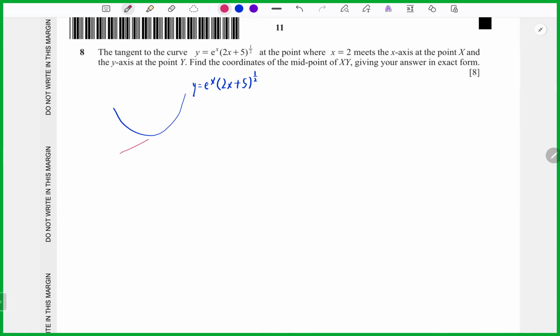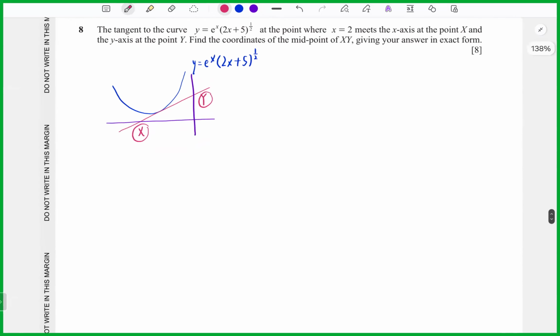Your tangent will intersect the axes at, these are just sketches only, I am not sure, X here and here is Y. I need to find the midpoint of XY. It means I need to find the coordinates of X and Y first. After that, I can find the midpoint of XY. Okay, so let's try.